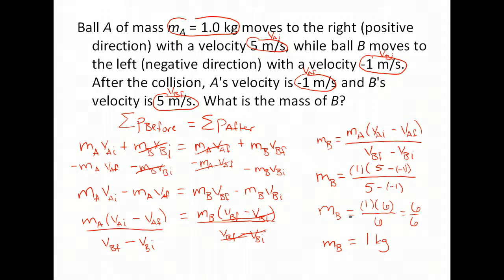So for that to happen, if the velocities just appear to switch from A to B and from B to A, then they have to be the same mass if that occurs. So if you ever see that situation occur, you can always go, oh, they have to be the same mass. But here we did it algebraically, just in case they weren't the same mass. Okay, but in this case, they end up being the same mass.